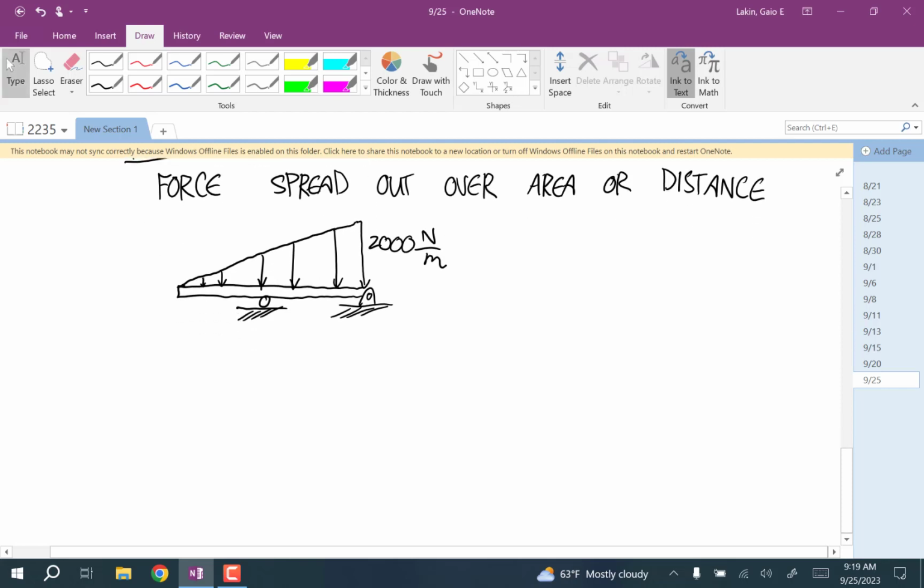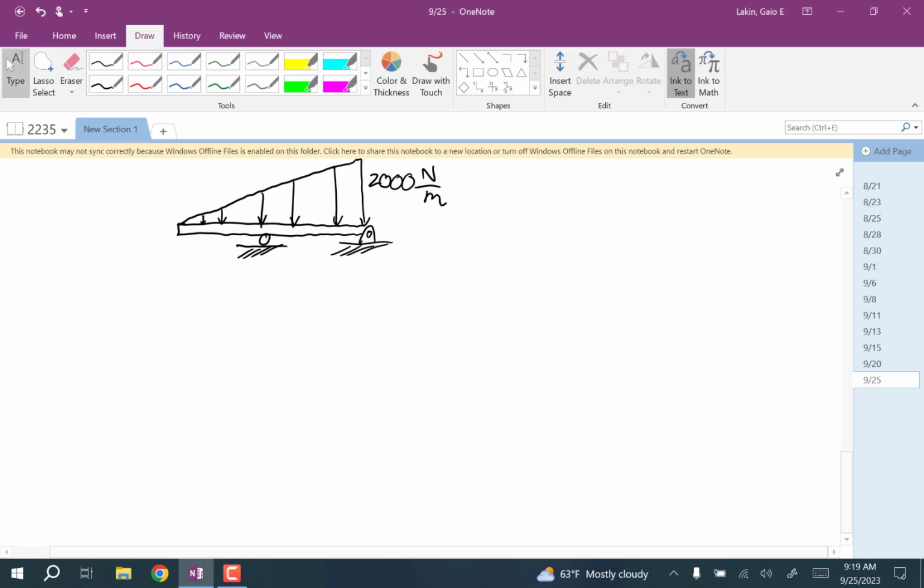Okay, so the first thing I want to do is give you just a little bit of sort of intuitive, like something to help you wrap your head around what this means. Okay, so I want you to think of a distributed load in comparison to like the speed of a car or whatever moving along the highway. So think of the relationship between a distributed load and a point force.